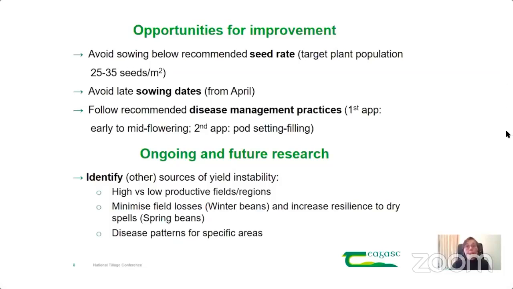We need to minimize field losses for winter beans and increase resilience to dry spells, mostly in spring beans. We need to identify disease patterns for specific areas in view to design specific fungicide programs for those areas.